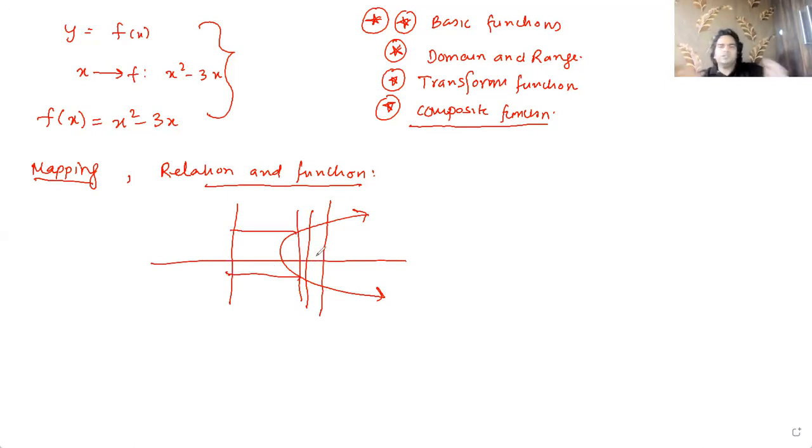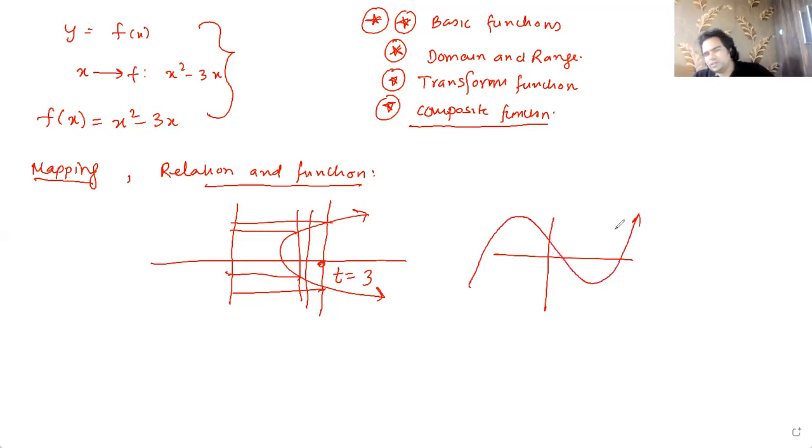Because generally a function is used to model real-life phenomena. For example, I can't say that at one point in time, let's say time is 3, I have 3 million cases and minus 3 million cases. That violates the rule that in real-life terms, one x value should have only one y value. So these kinds of things will be a function.